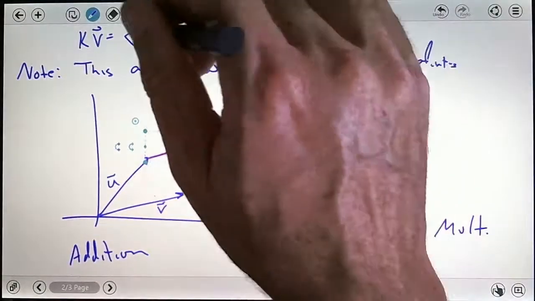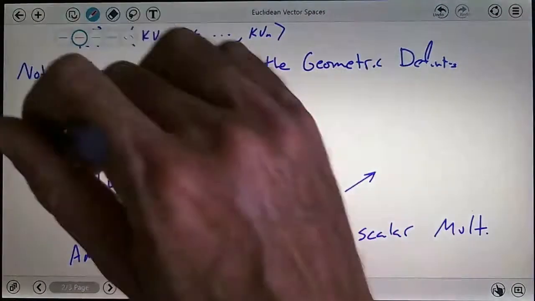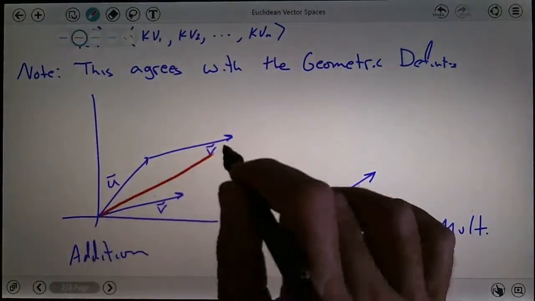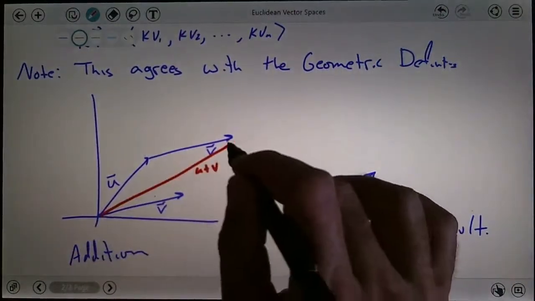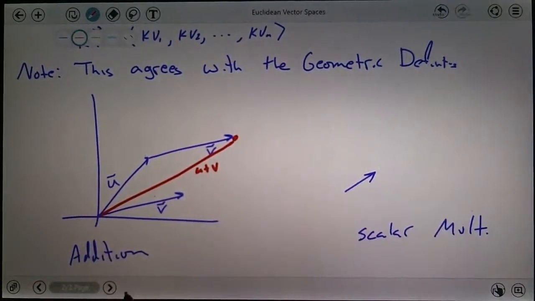Component-wise, u plus v is this vector here, and I need to know, because it's in standard position, what are the coordinates of this point?